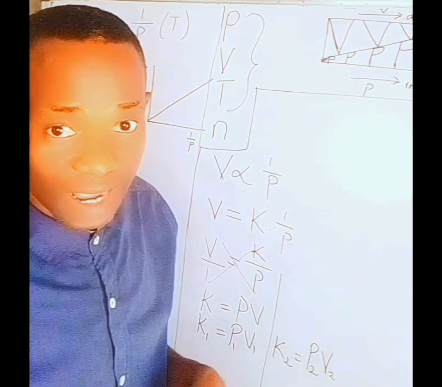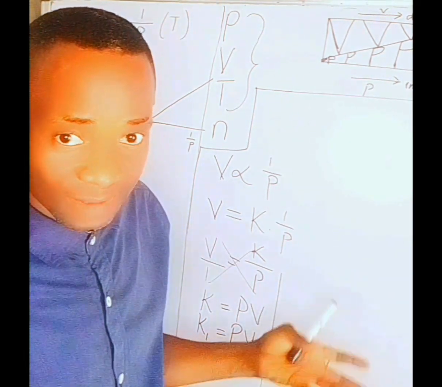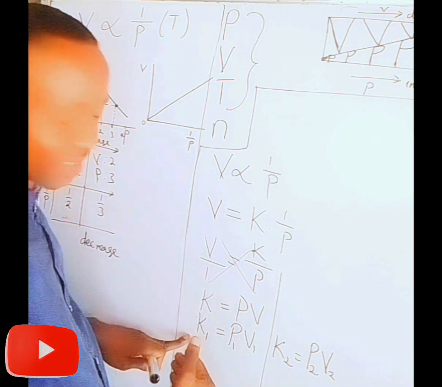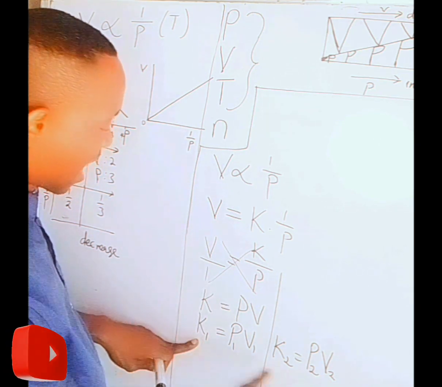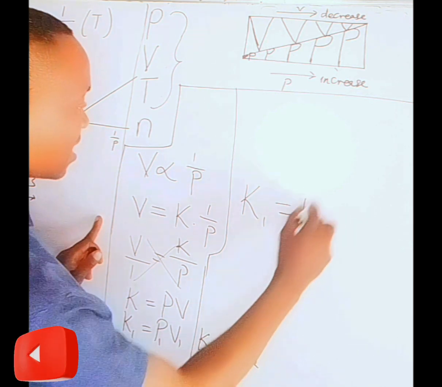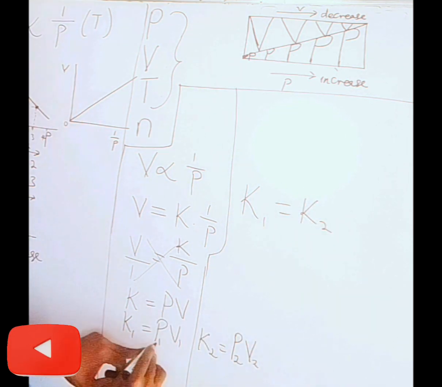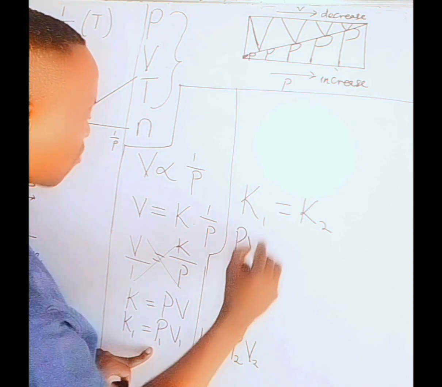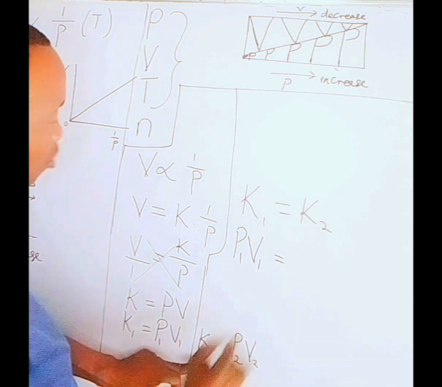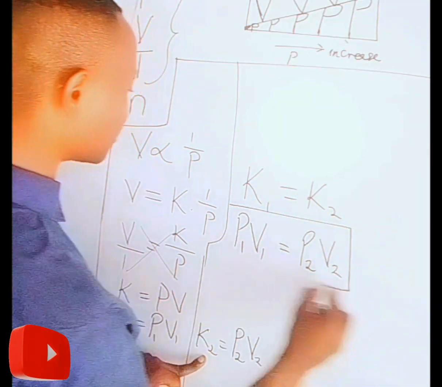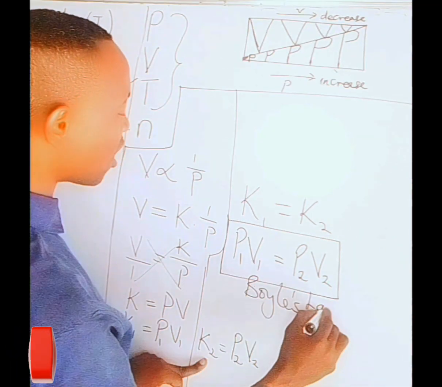But recall that constant does not change, right? If that is true, we can now establish that K1 and K2 are the same. If K1 is the same as K2 and K1 is P1 V1, we can now represent K1 as P1 V1 and K2 as P2 V2. And this equation is called Boyle's law.